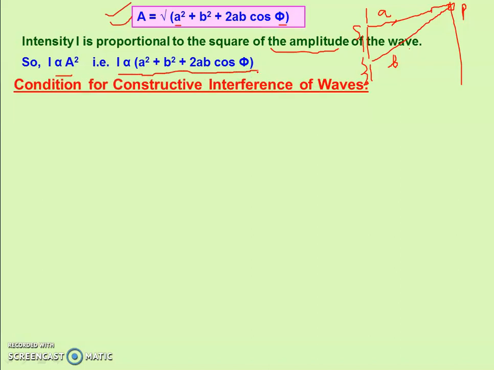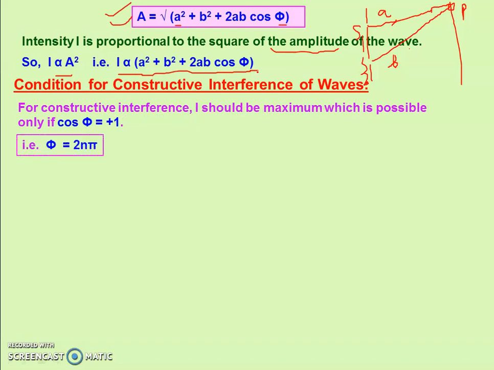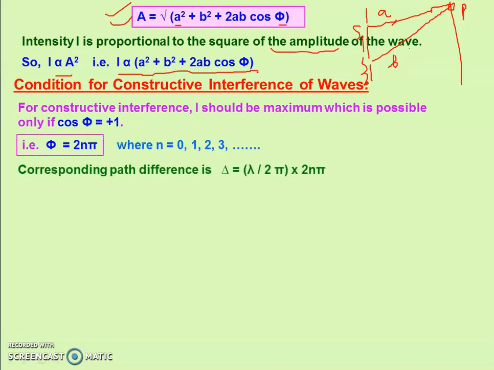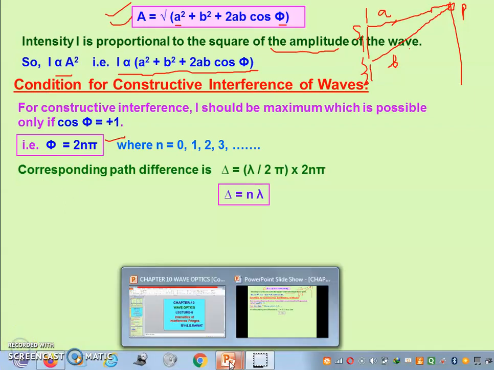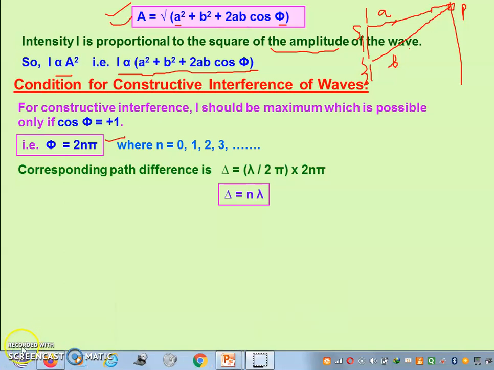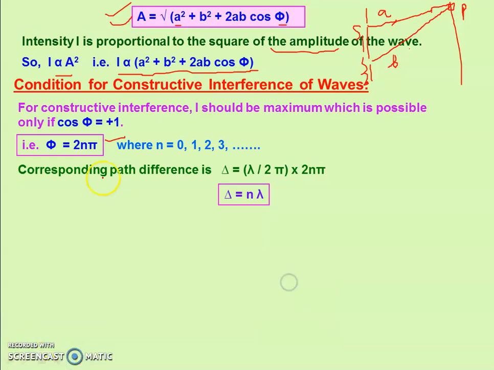Now these are the conditions which we have already calculated. The condition for constructive interference is that the phase difference between the waves should be an even multiple of pi and the path difference should be an integral multiple of lambda, right?